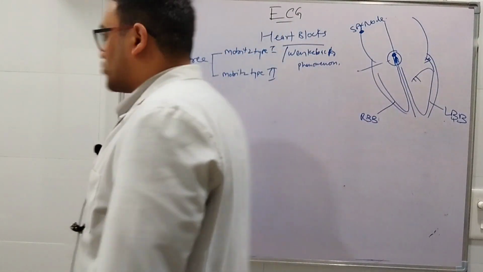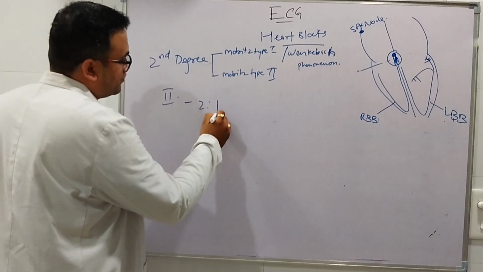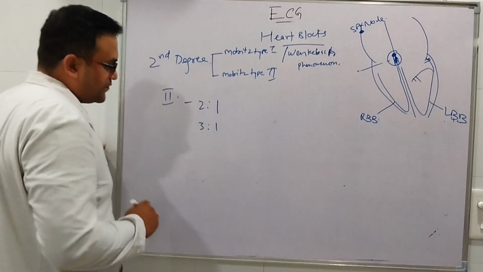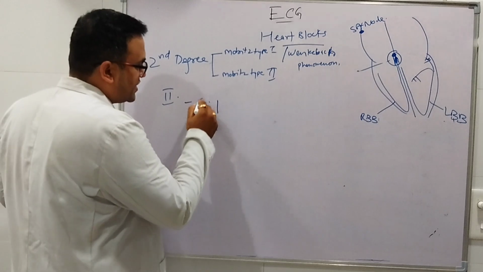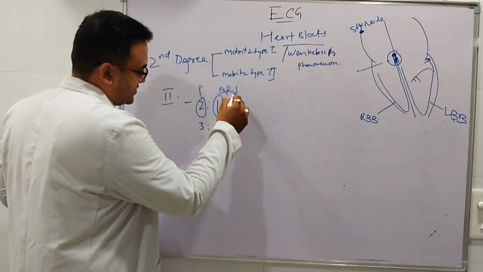In Mobitz type 2 block, we have 2:1, 3:1 like this. This represents the P and this represents the QRS.